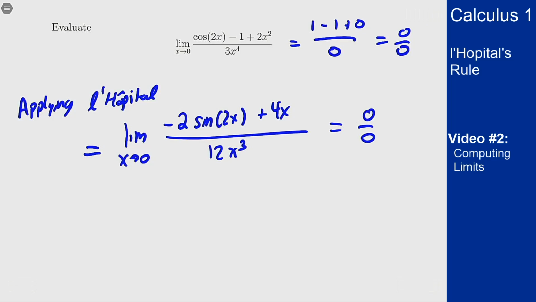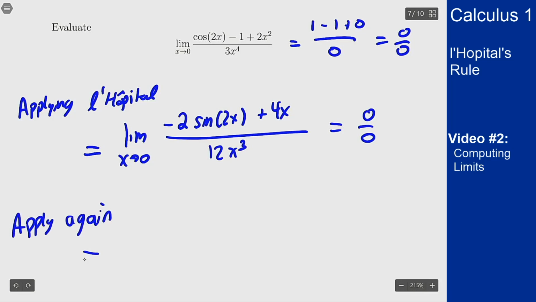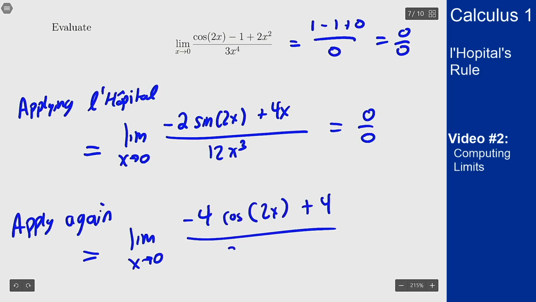Well, nothing says I can't apply L'Hopital's rule more than once, so I can keep applying this rule over and over again until I get to something that's not indeterminate. Once I get something that's not indeterminate, I have to stop, but I can just keep going until that point. So I can apply the rule again. This is the limit as x goes to 0 now of minus 4 cosine of 2x plus 4 over 36x squared.